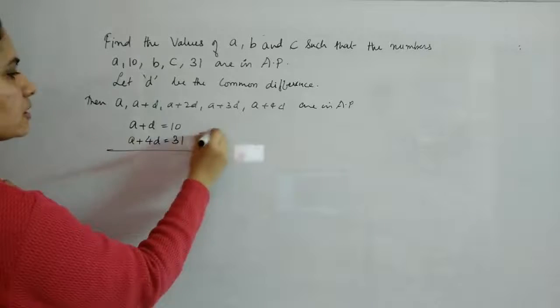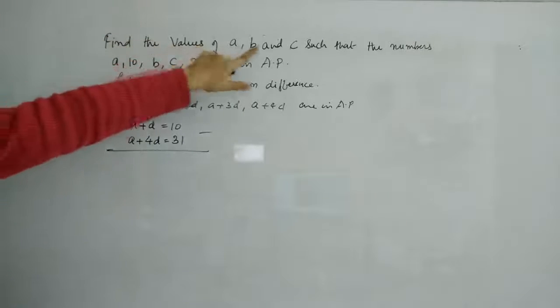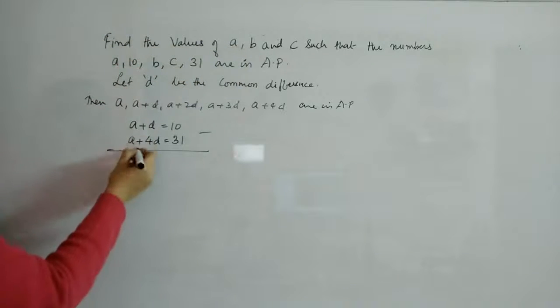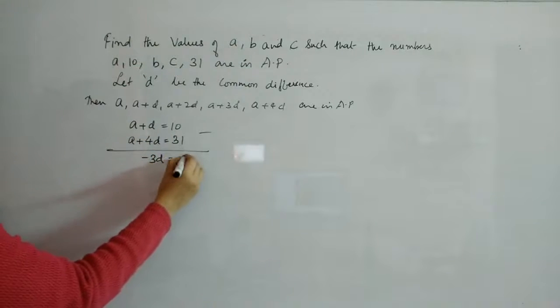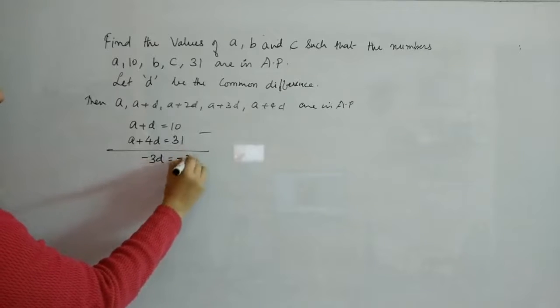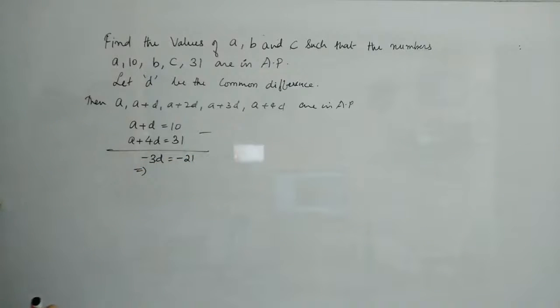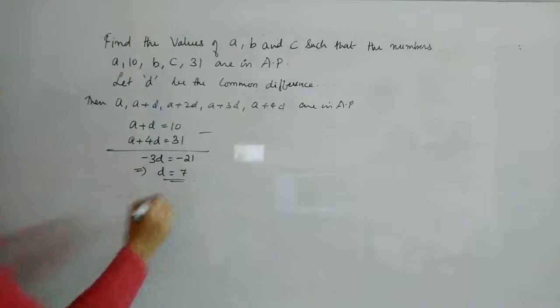Now you have to just use the elimination method and find out A and D, and then you can get all the values here. So subtracting these two will give you minus 3D is equal to minus 21, so D is equal to 7.